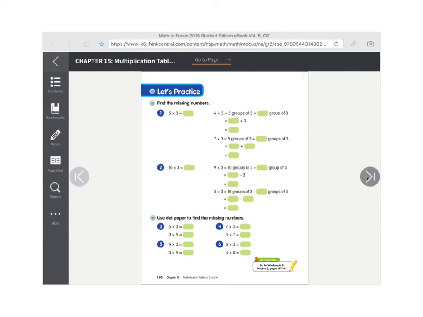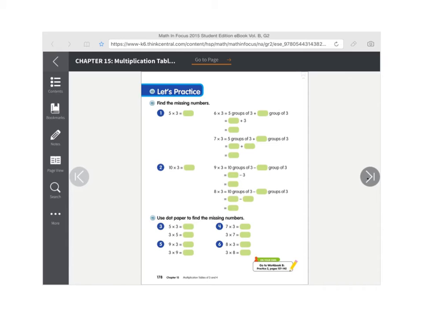This one is saying there are 5 groups with 3 in each group. This is saying there are 3 groups with 5 in each group. So the pictures and the array look different depending on the order of your multiplication problem.